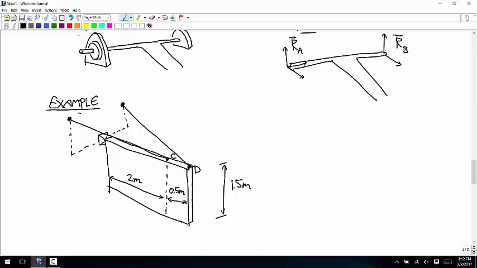And then the distances for these connections, this length is 1 meter. This height is 1 meter. The horizontal distance on the other side is 2 meters. And the vertical distance on the other side is 1.5 meters. And the mass of this sign is 50 kilograms.